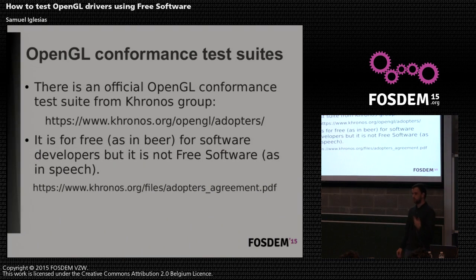Of course, Khronos Group provides its own OpenGL conformance test suite, but although it's free for software developers, it's not free software, actually. There is an agreement that you need to sign, and it says more or less that you have access to the source code, but you cannot redistribute your modifications to third parties.